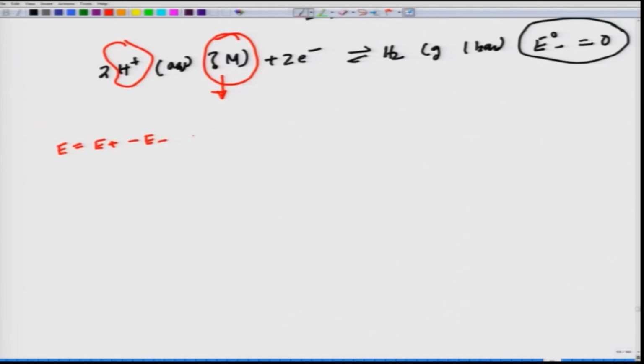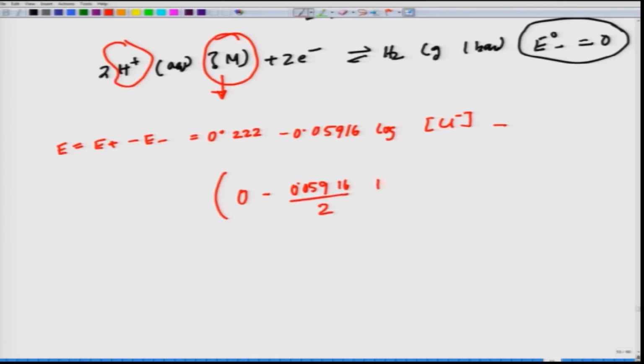If this is the case, then 0.222, which is on the silver chloride side, minus 0.05916 log of Cl minus, minus here it is 0 minus 0.05916 divided by 2 log.